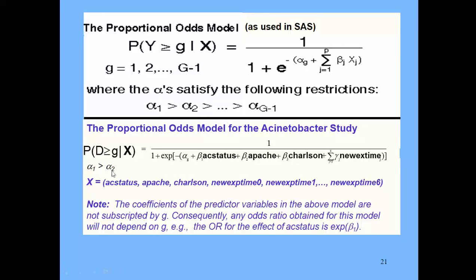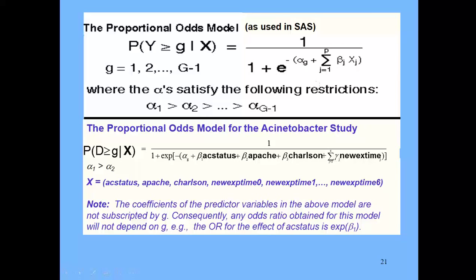So there are only 2 alphas, and then act status is the first X, Apache is the second X, Charleston is the third X, and then there are 7 dummy variables for the variable I've matched on, the exposure time. That's the model I'm using. This is just a special case of the general form, and that's what I fit.